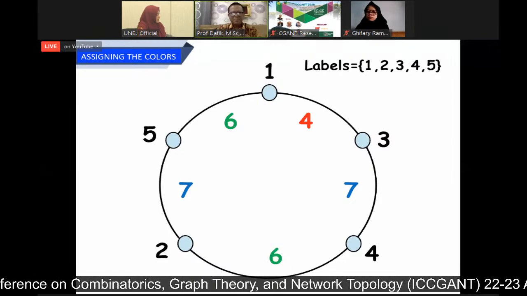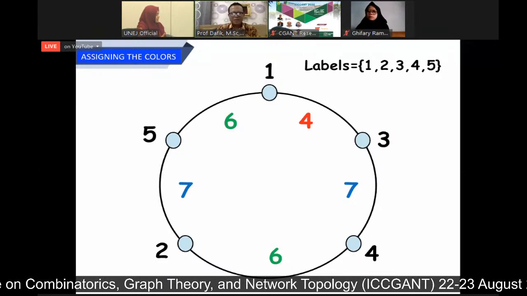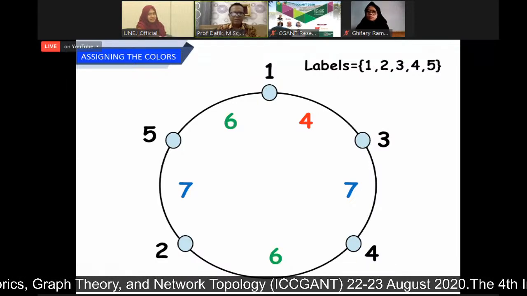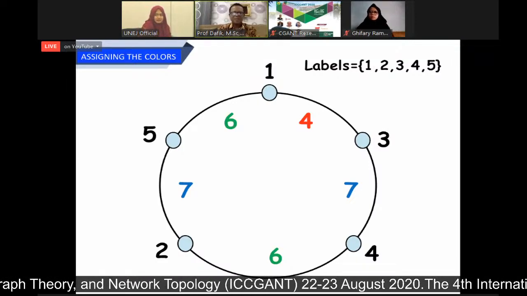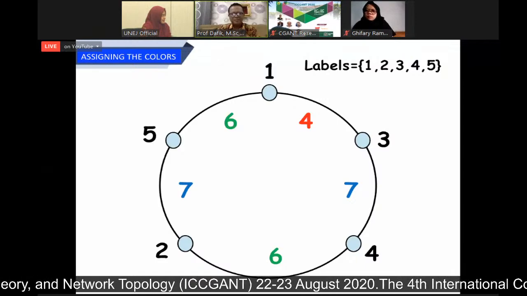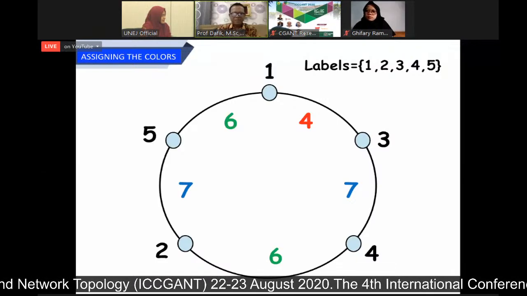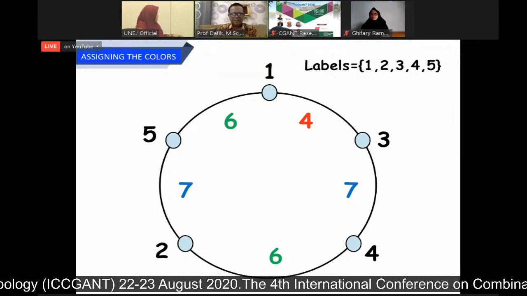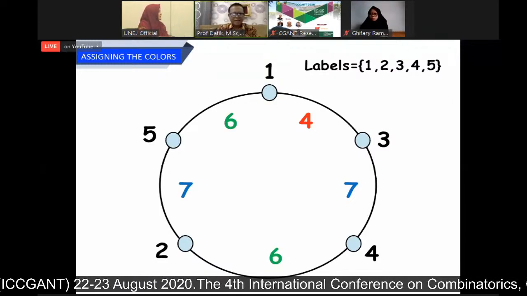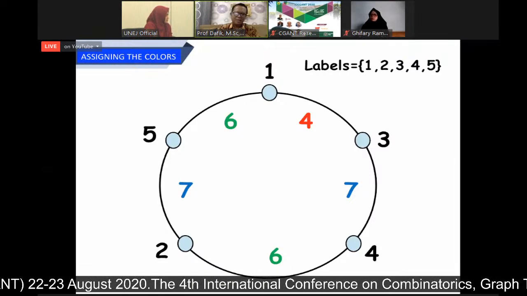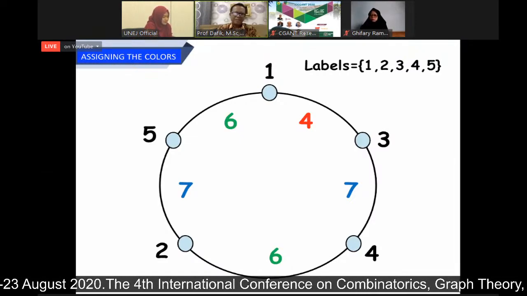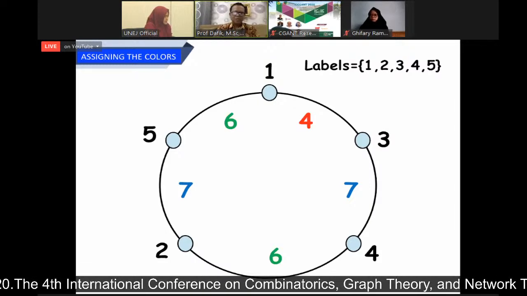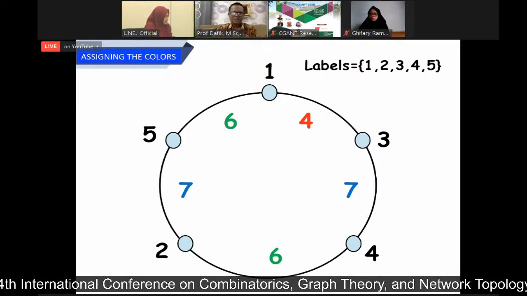But it is a rainbow because when we start from every vertex to every other vertex, we will have a rainbow path. What is the rainbow path? If there exists any distinct color on any path from a vertex to another certain vertex.